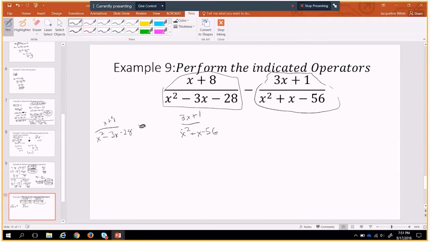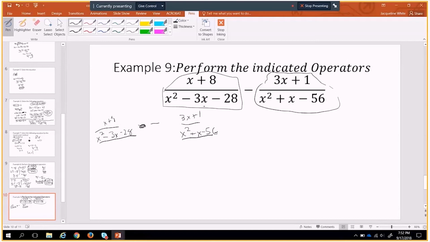So for this problem, we want to find out if we could subtract. To find that out, we have to see if these have the same denominators, so we have to factor the denominators. Factors of 28 that give you a 3, if we think about it for a little bit, are a 7 and a 4.